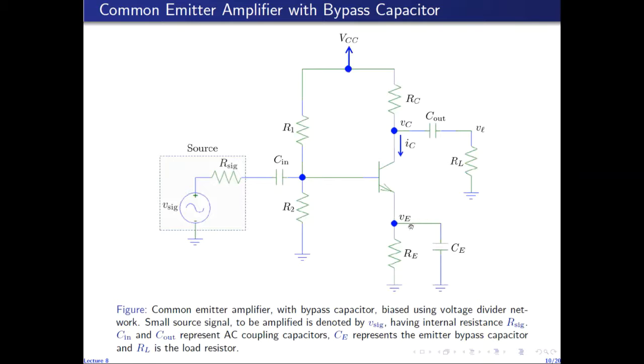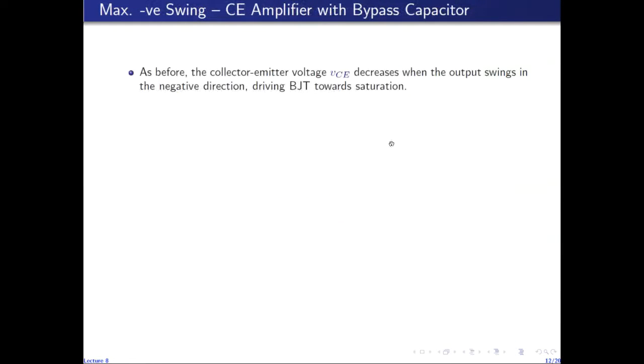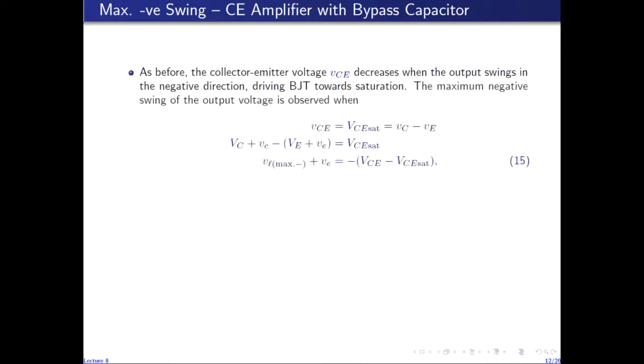So emitter voltage is fixed. VC is decreasing, hence VCE decreases. And so as VL swings in the negative direction, VCE decreases and drives the transistor towards saturation. So the maximum negative swing of the output voltage is observed when the device enters saturation.